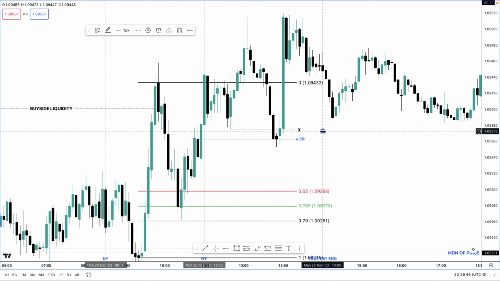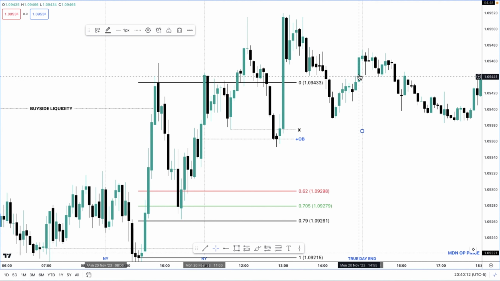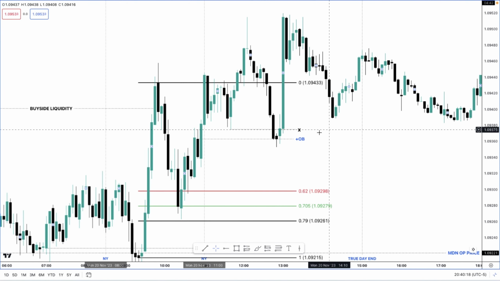So I like to close at 2 o'clock so I can use the opening price at 2 o'clock as my closing price for the day. Or I can just wait an extra 1 hour and do the same thing. Anticipate the 3 o'clock candle being my close of the day.